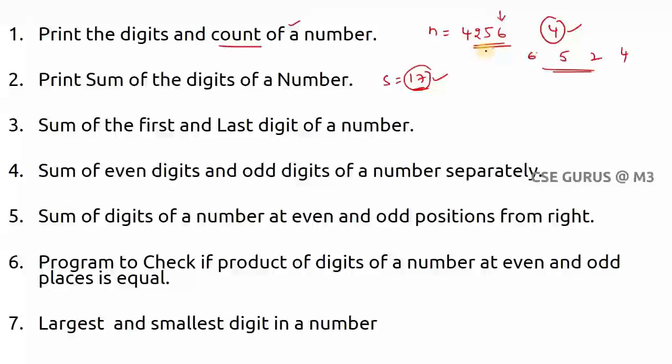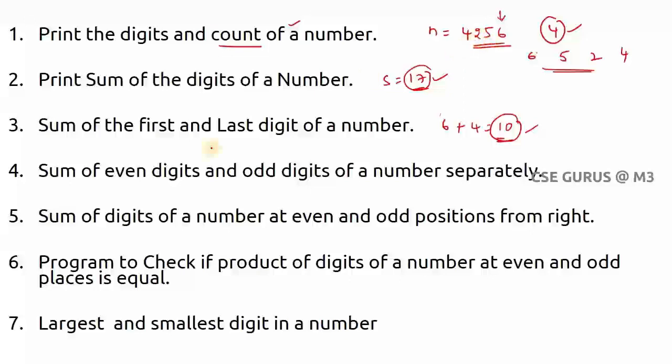I'm always going from the ones place to the next place, tens, hundreds, in that order. So the first digit is 6 and the last digit is 4. What is the total sum I require? 10 in the case of the third question. I don't want to add all of them, only the first and last digit. How to do that?